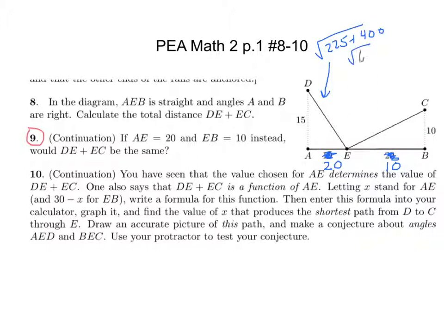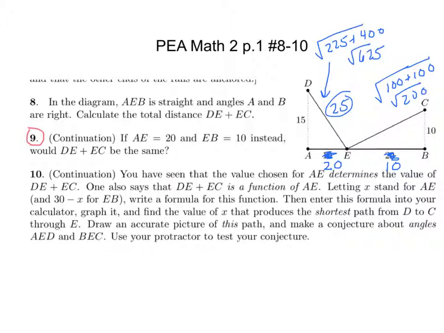So square root 625, which equals 25 for there. And then this would be square root 100 plus 100. That's 10 squared twice. So square root 200.